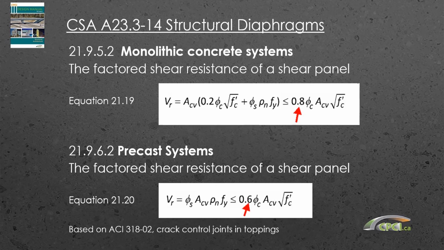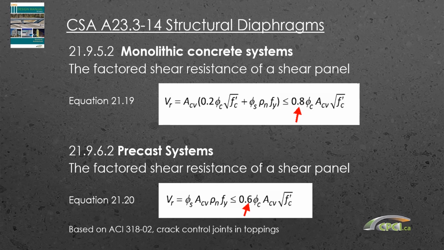So the topping really has saw cuts or control joints mimicking the joints in the precast. So it was felt, coming from the commentary in ACI 318-02, the provision was put in to basically neglect the shear capacity of the topping diaphragm over precast members when it's thin, and only have essentially the reinforcing shear friction type contribution to that equation. So that's the big difference.